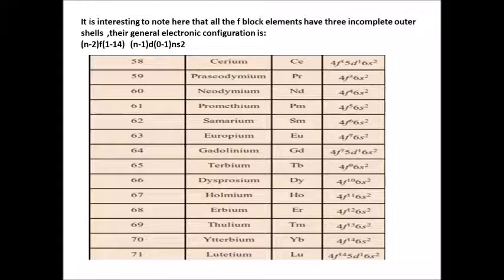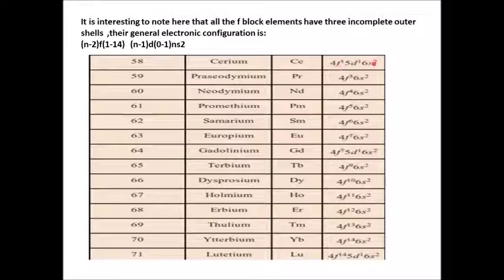Next, it is very interesting to note that the F block elements are the only block where there are 3 incomplete outer shells. Now, what do we mean by this? You have the 4f, the 5th orbit and the 6th orbit.